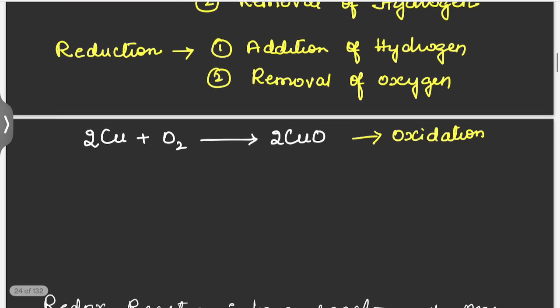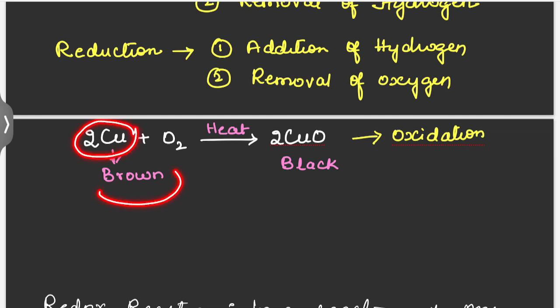Students, here you should remember the colors also. Copper is brown in color. When you heat it with oxygen, it turns into copper oxide, which is black in color. These colors are very important because they can be asked in the examination. Questions can be asked like this: we are taking a substance which is brown in color.